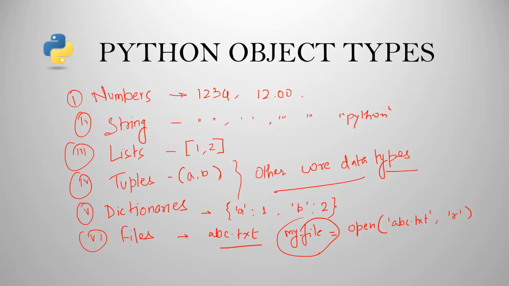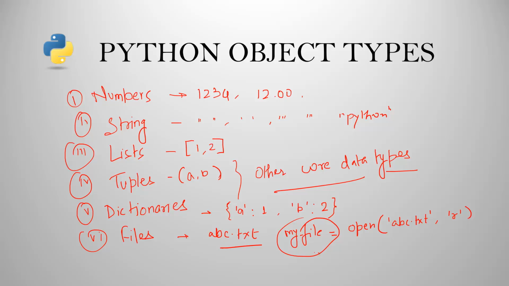So when we talk about Python objects, there is no type declaration in Python. Like if you ever learned C, there we need to declare any variable, whether it's going to be a string, a number, an array, anything. So we need to declare the type before we assign any value to the variable.